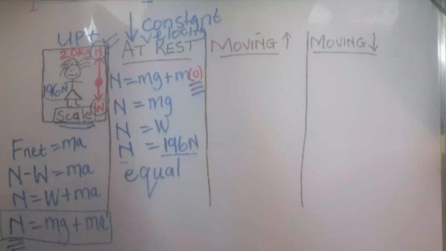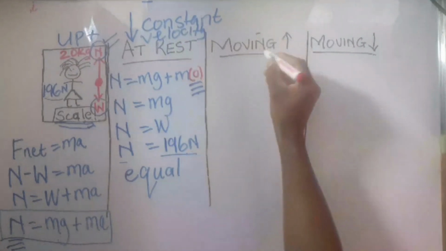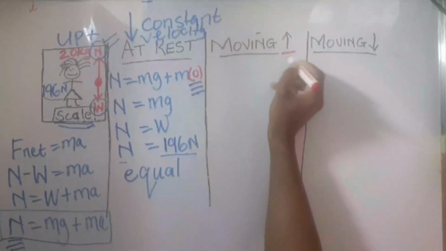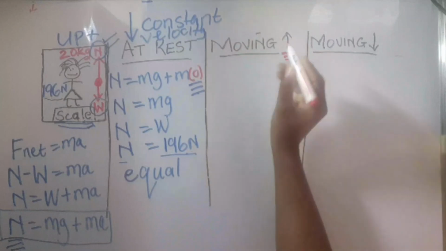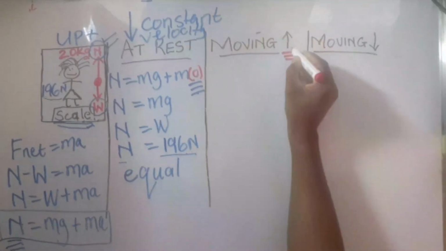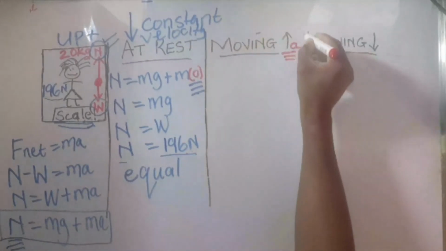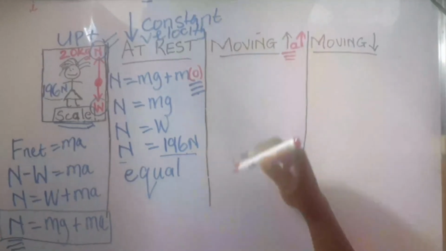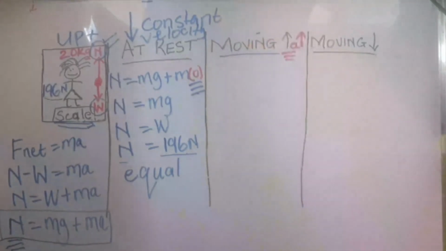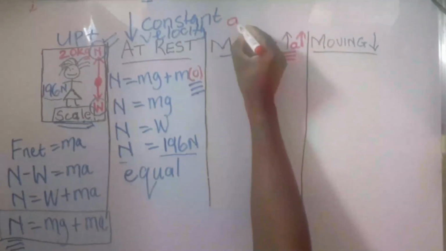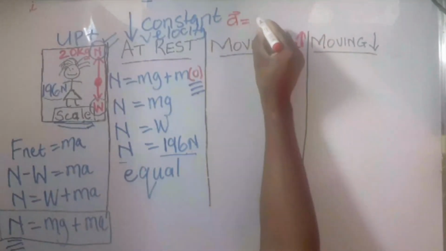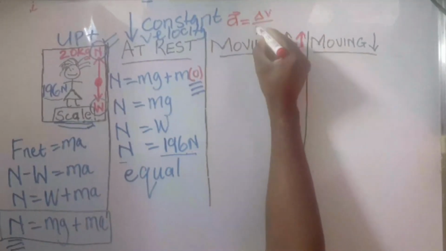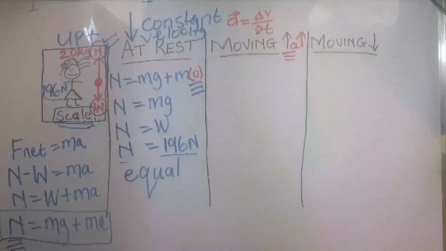But what happens now if a lift is moving upward and is accelerating upwards? Not at constant velocity, but accelerating upward. Now, acceleration by definition is a rate of change of velocity.